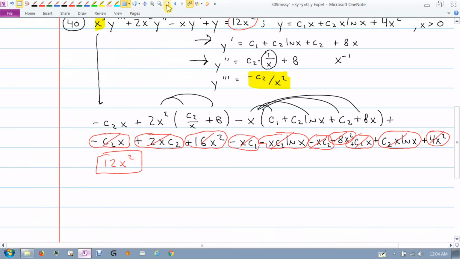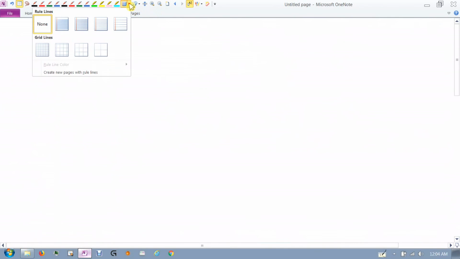Okay, going to be working a couple more problems here out of the first section. So how about number 47? For 47, they give you this differential equation, y double prime minus 5y prime plus 6y equals 0.